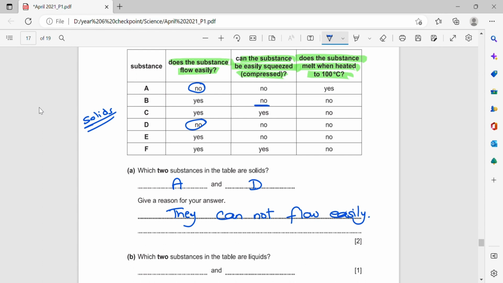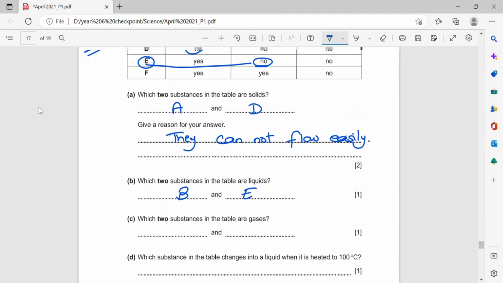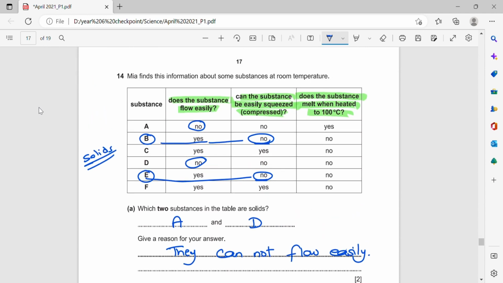No. What do we have? No here and no here. Okay. Who has the no here? B and E. So the liquids are B and E. Which substances in the table are gases? What is distinctive about gases? That they can be easily compressed or squeezed. Which ones can be easily compressed or squeezed? C and F.